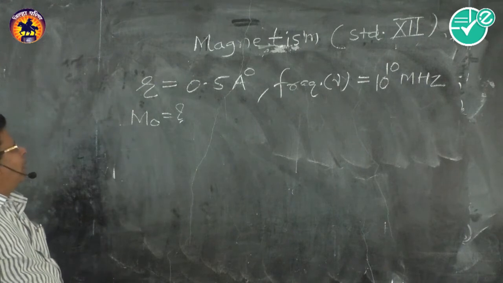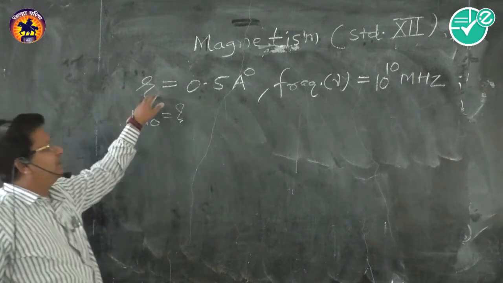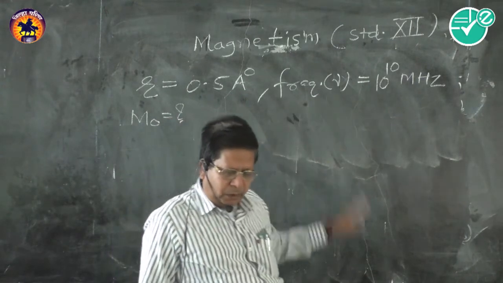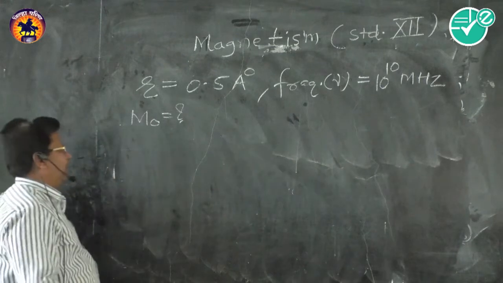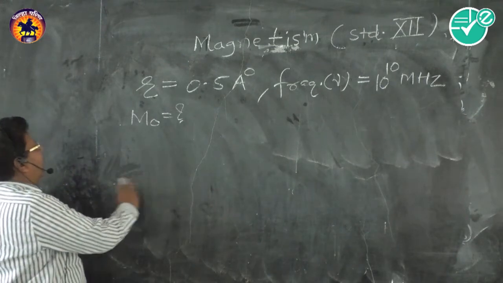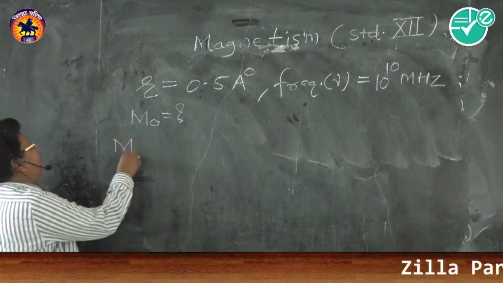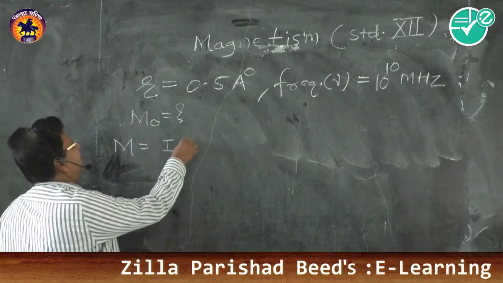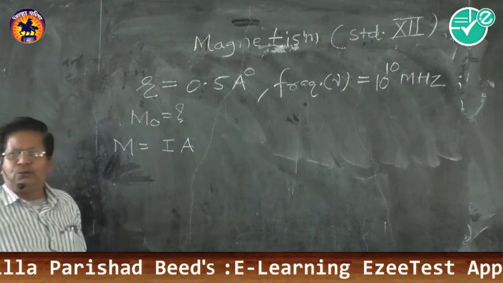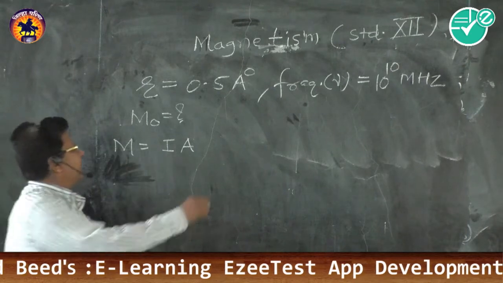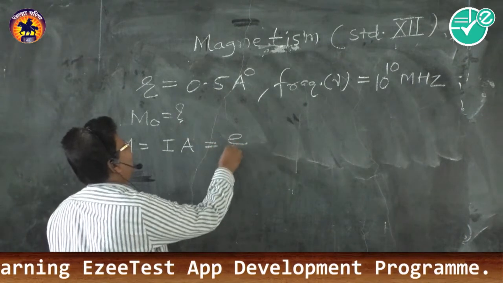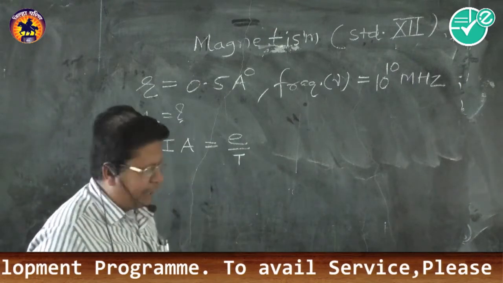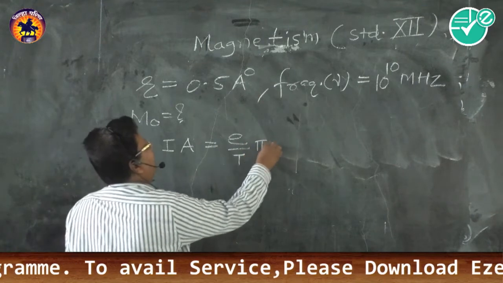So we have been provided the radius and we have also been provided the frequency. Then to solve this numerical, we know that the magnetic dipole moment is originally given by the formula I into A. Again we know that I is equal to e divided by T, and area is equal to pi r square.